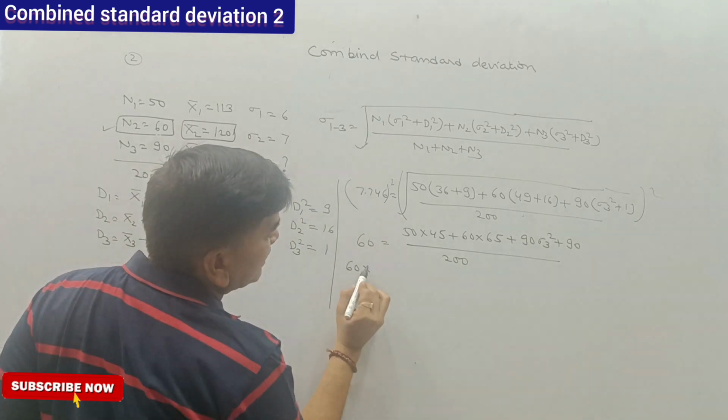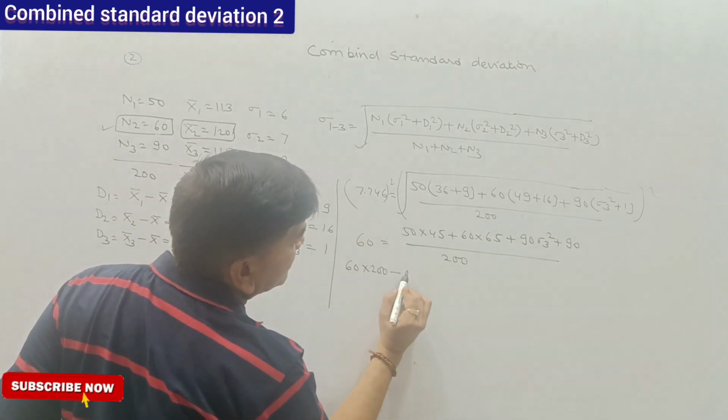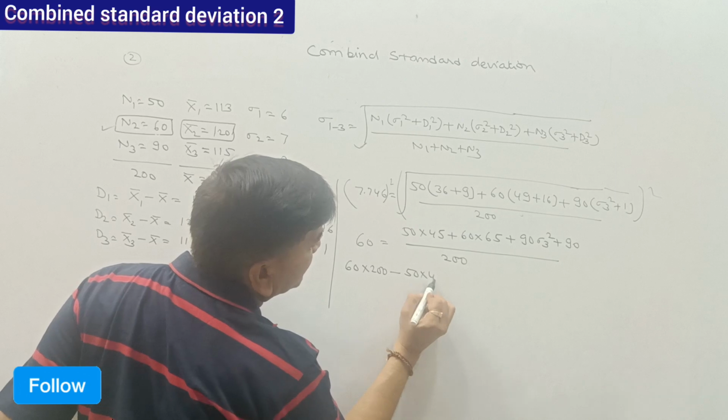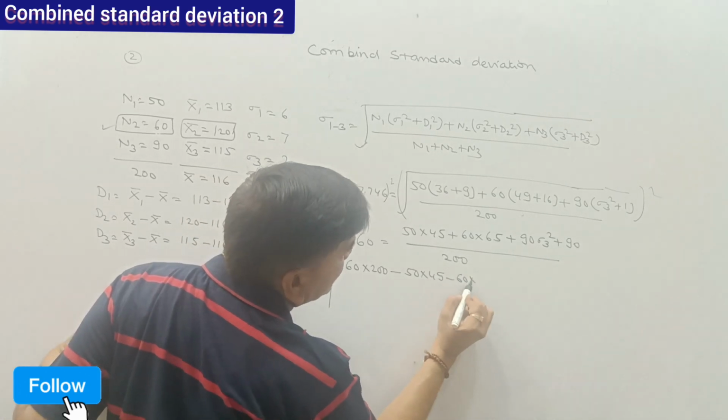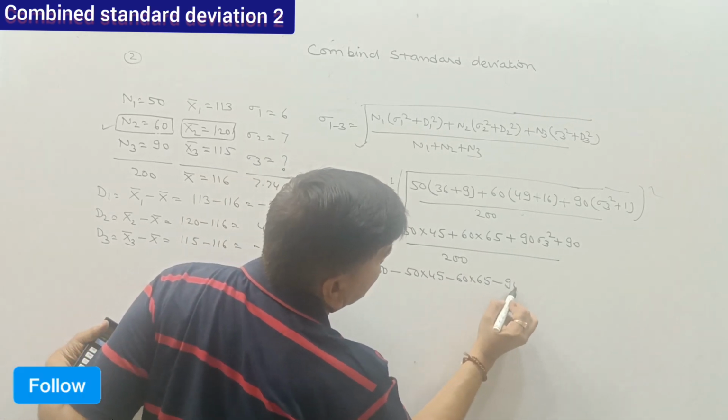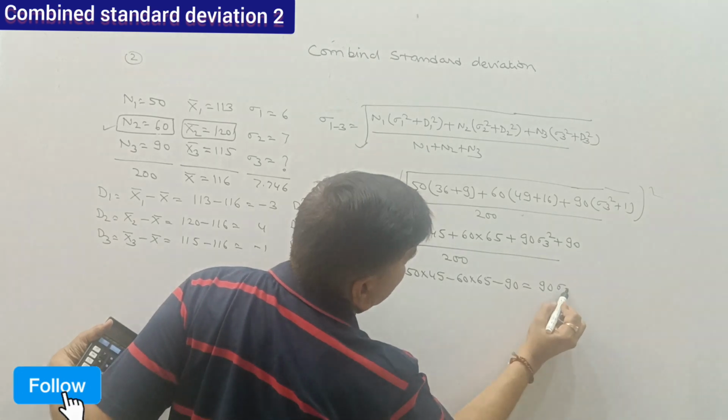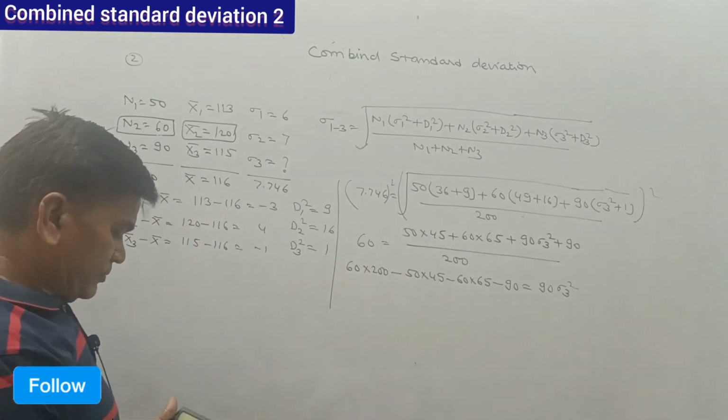So 60 multiplied by 200 minus 50 multiplied by 45 minus 60 multiplied by 65 minus 90 is equal to 90 standard deviation 3 raised to power 2.